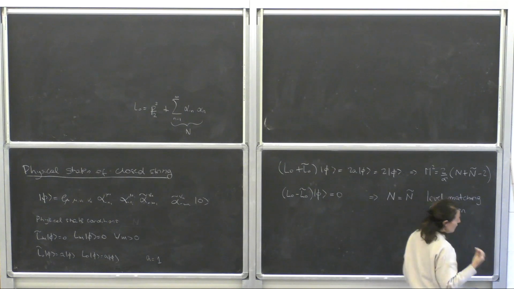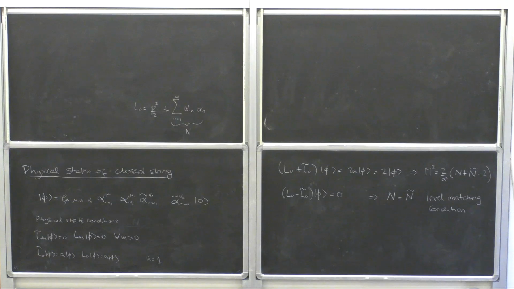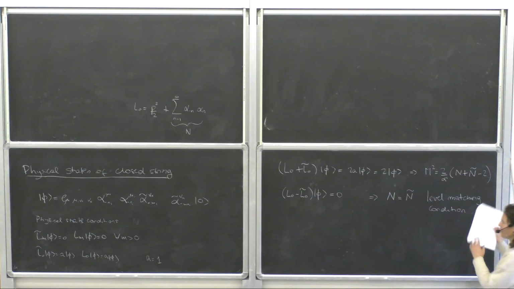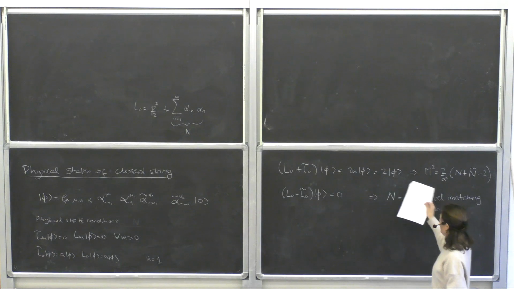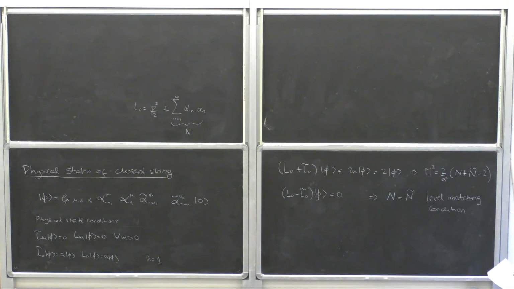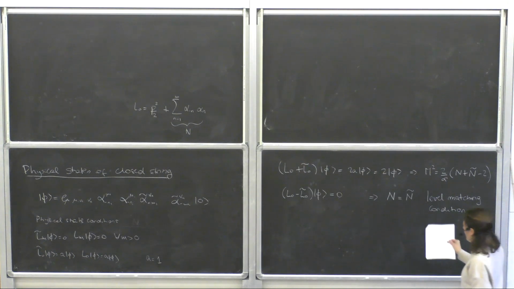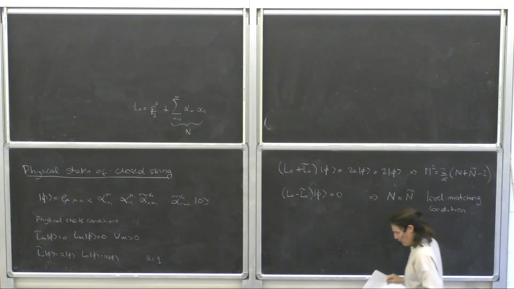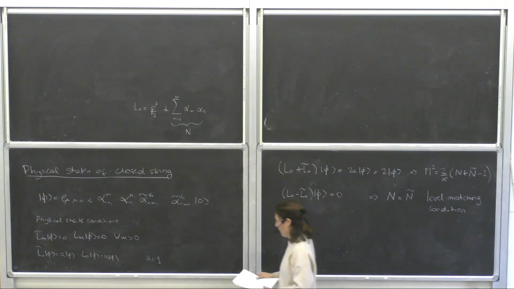So the level on the left and on the right have to be the same. And it's the only condition that mixes left and right. The other, so left lives its life, right lives its life. But this level matching condition tells you that not completely. So you need to have these levels to be the same.